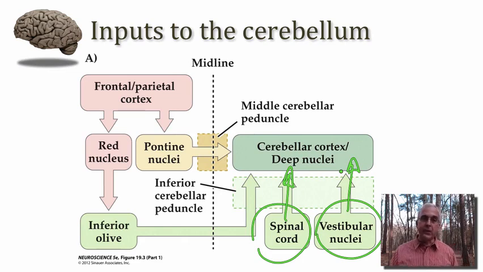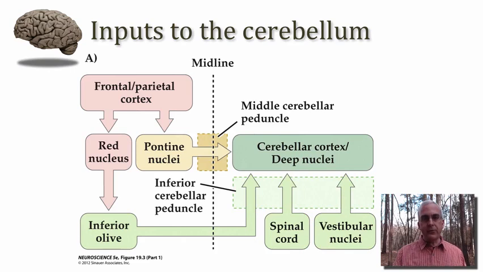And at least for some ganglion cells in the vestibular division of the eighth nerve, there may be direct connections from the eighth cranial nerve into the cerebellum. So the cerebellum is getting this very important sensory feedback about how we're moving our bodies with respect to spinal cord inputs, and then how our head is moving through three-dimensional space.